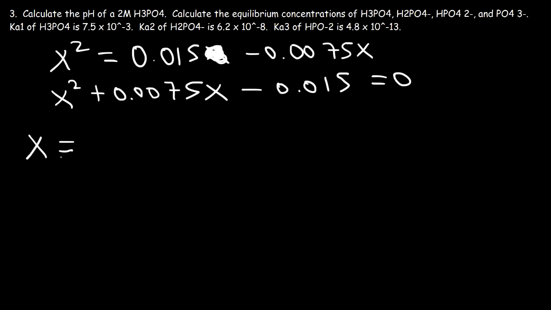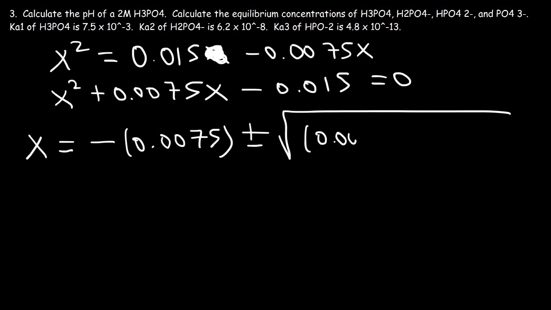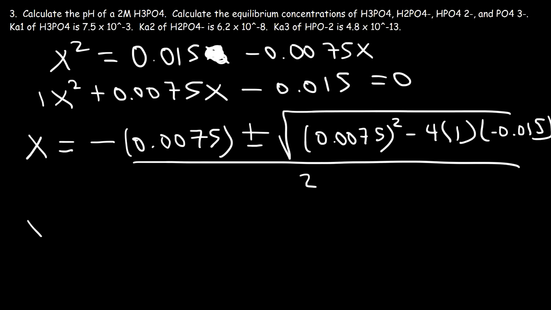So x is going to be negative b, so b is the number in front of x, plus or minus the square root of b squared minus 4 times a, which is 1, and c is negative 0.015, divided by 2a, or 2 times 1. So this is going to be negative 0.0075, and then 0.0075 squared minus 4 times negative 0.015. That's about 0.06.